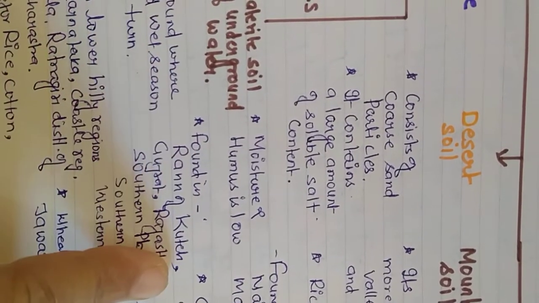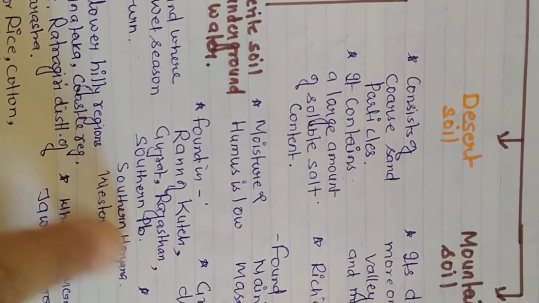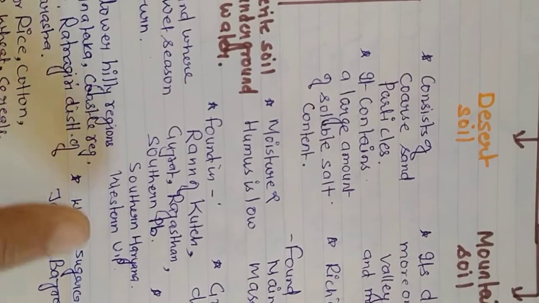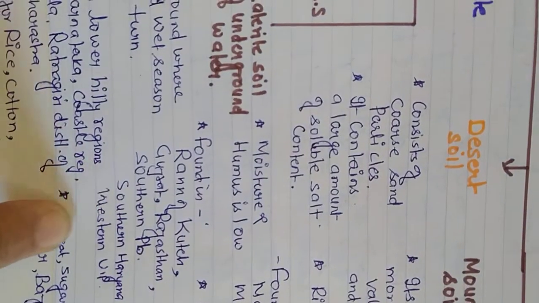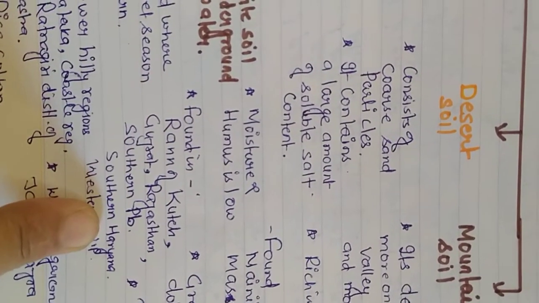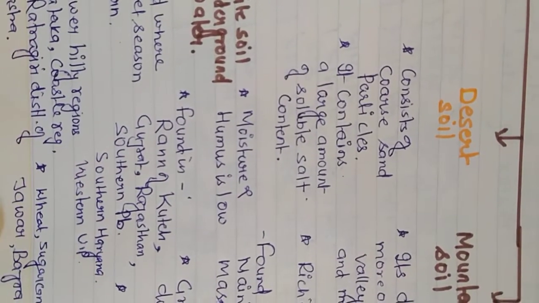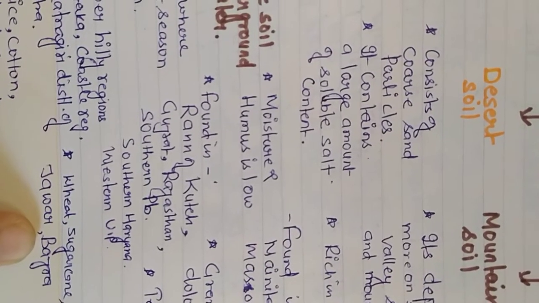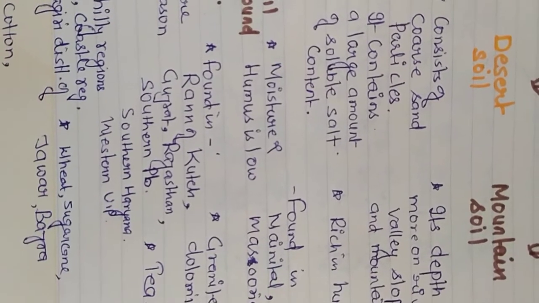Rann of Kutch is in Gujarat, a large part of Rajasthan, southern Punjab, southern Haryana and western UP. This kind of soil is found in these states. But we can't ignore that the soil is not useful for the growth of crops. Somewhere when there is moisture or humus, we can grow wheat, sugarcane, jowar and bajra there.